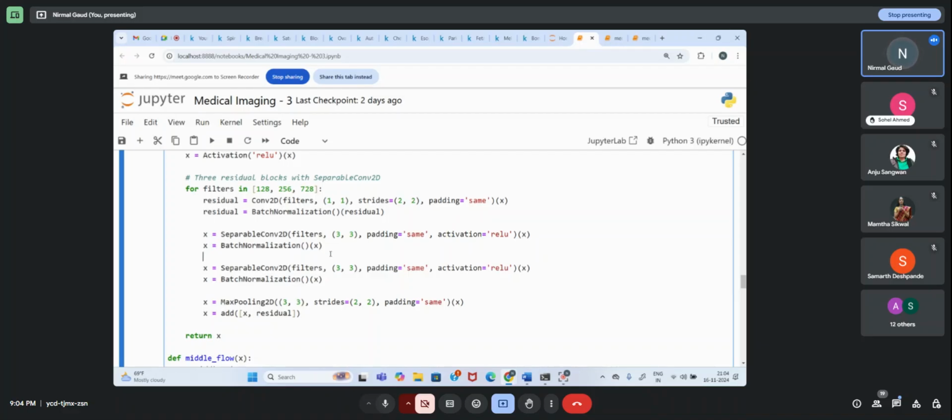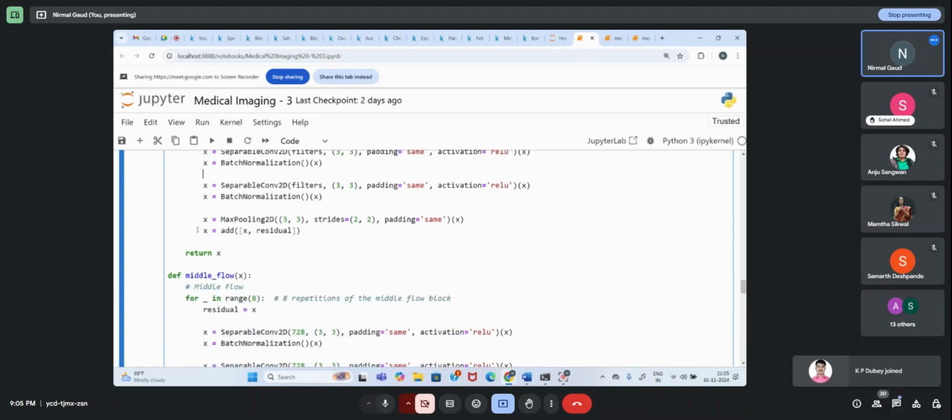And what's happening in separable convolution? Depthwise and pointwise. That is what is happening. As many channels as are coming, separate them. Perform pointwise on it. Perform depthwise on it. Add x plus residual, x comma residual, and return.